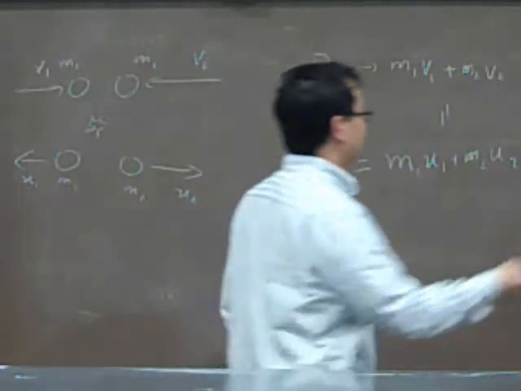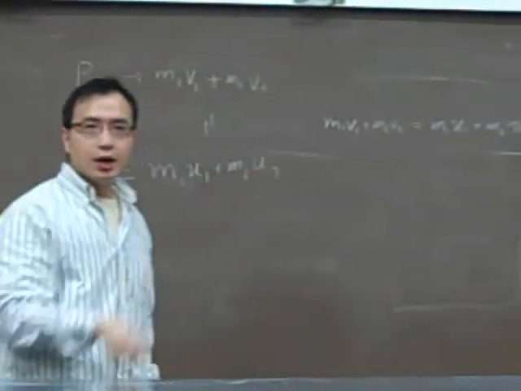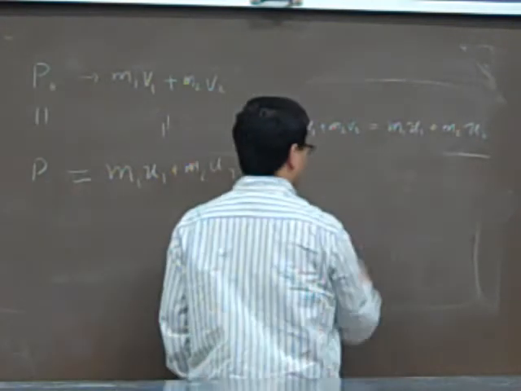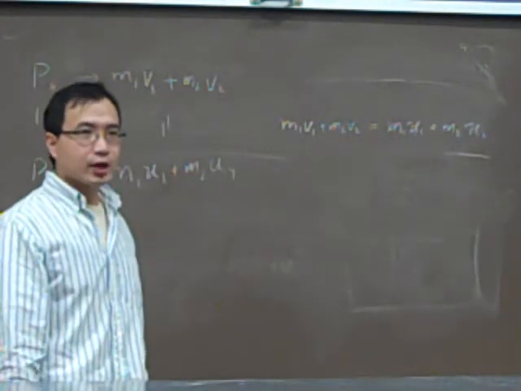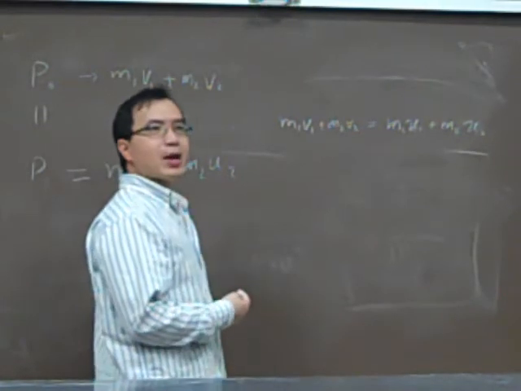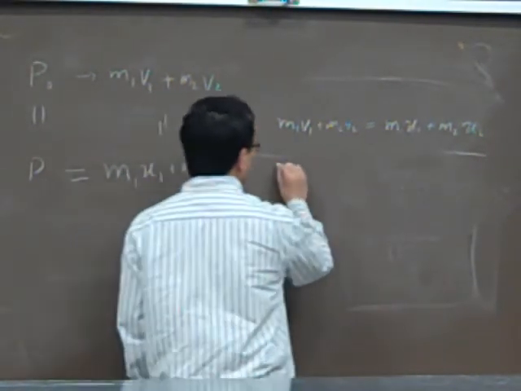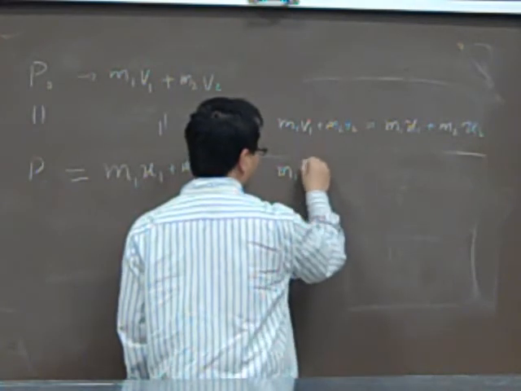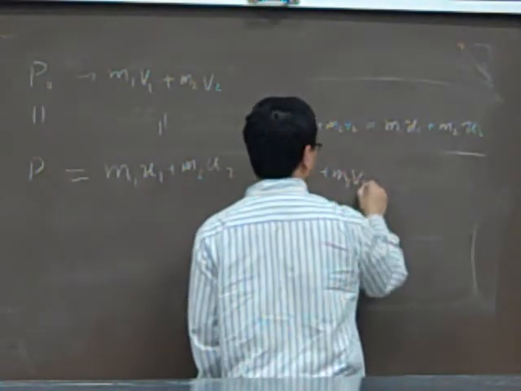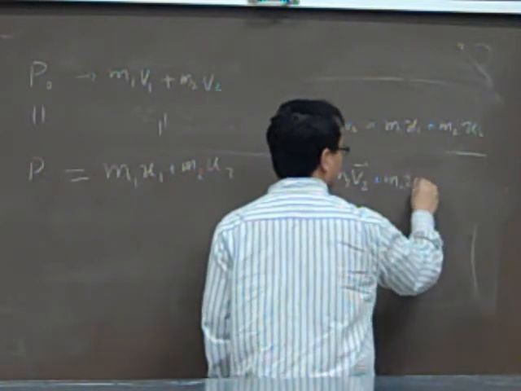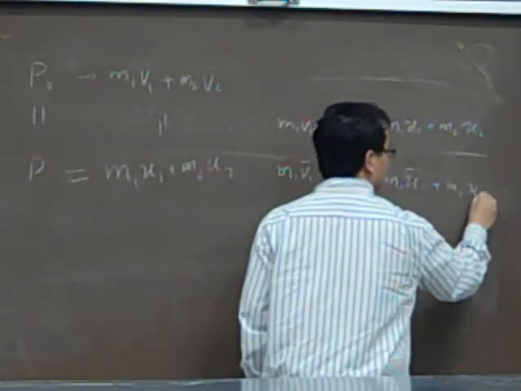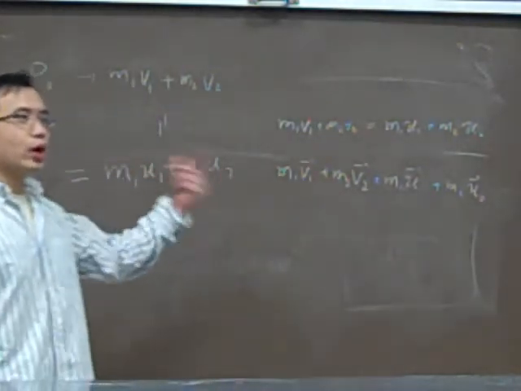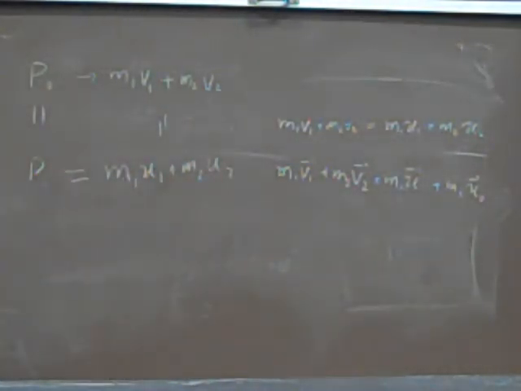Okay. I guess we don't even have time really to parse that problem. But let's just first look at in general what happens. Now, if you have a two-dimensional collision, in principle, you should change that scalar equation to a vector equation. So v1, v2, u1, u2 become vectors. Now, how can we deal with a vector equation? We just write it along the x direction, y direction, or if you have three dimensions, z direction, right?